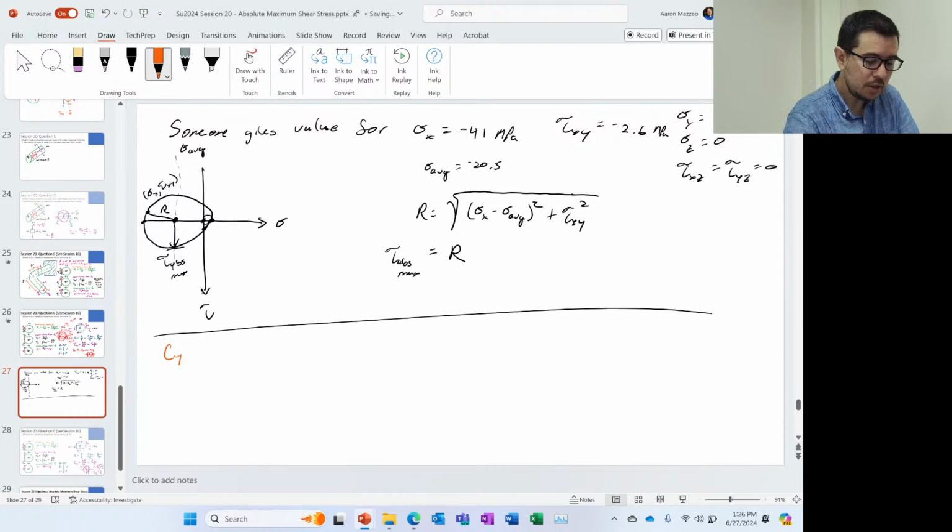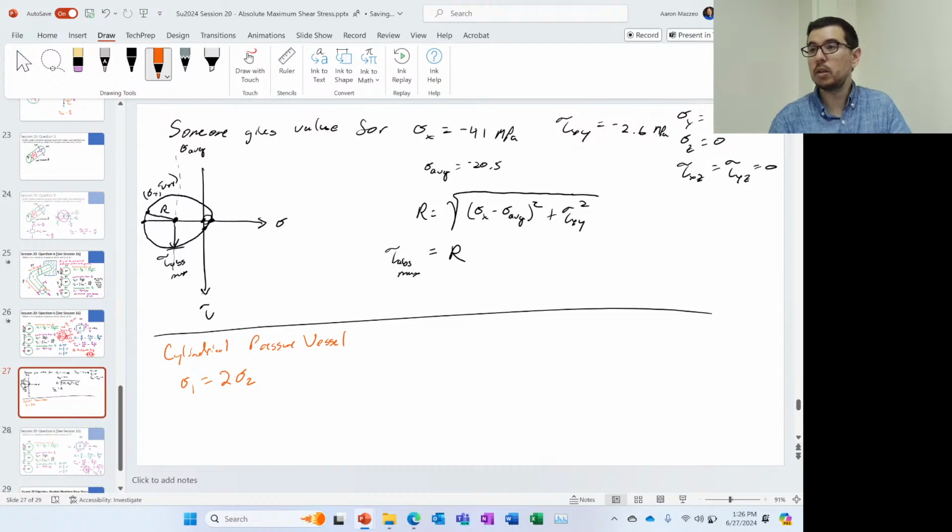Let's just think about a cylindrical pressure vessel. We're going to have a sigma 1, a sigma 2. Sigma 1 is going to be 2 times sigma 2. Or sigma x is 2 times sigma y, or you can even say sigma y is 2 times sigma x, however you've got it defined.